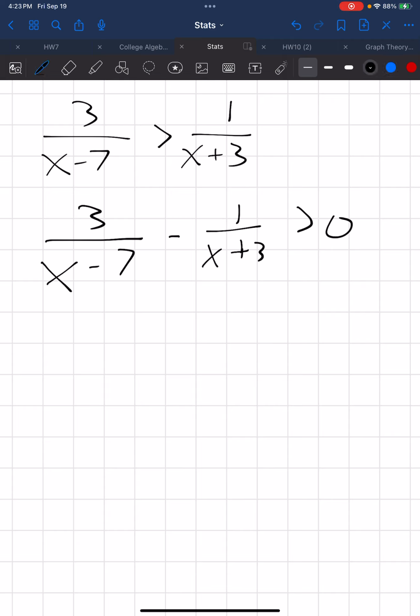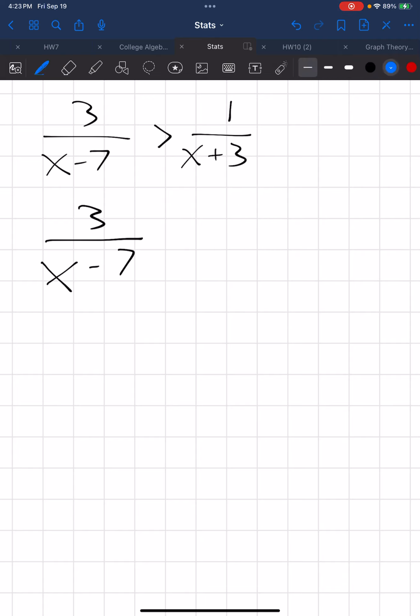The challenge right now is that maybe something new shows up if I actually combine these terms together. Well, right now they look pretty gross, in the sense that they have very different denominators.